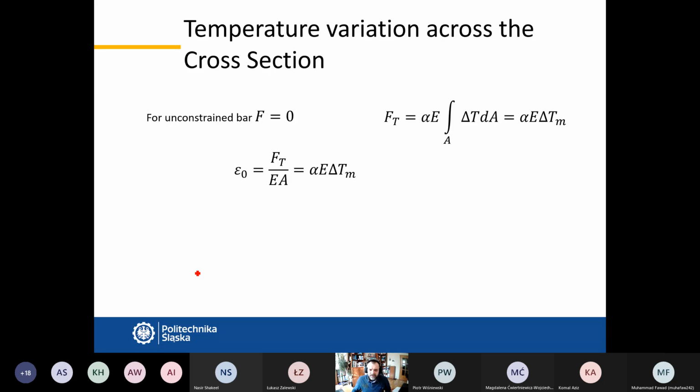Not really, because yes, the A will result from this force, and this is not here. It should be cancelled out.